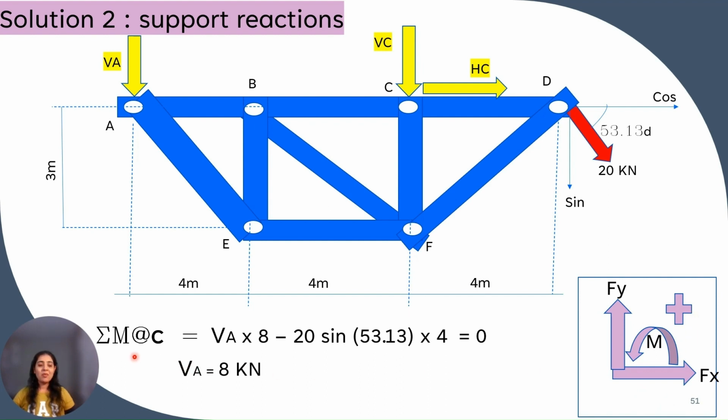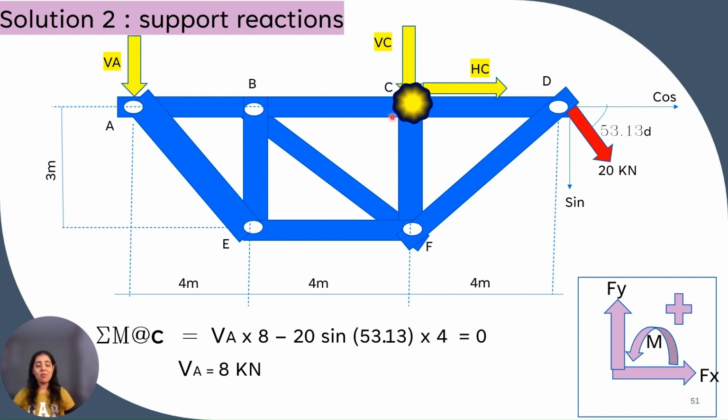So we will find the reactions. For that, we will take summation of moment at C is equal to 0. Why at C is equal to 0? Because through C, two unknowns are passing. So if we consider the summation of moment equation at point C, these two forces will pass through this point.